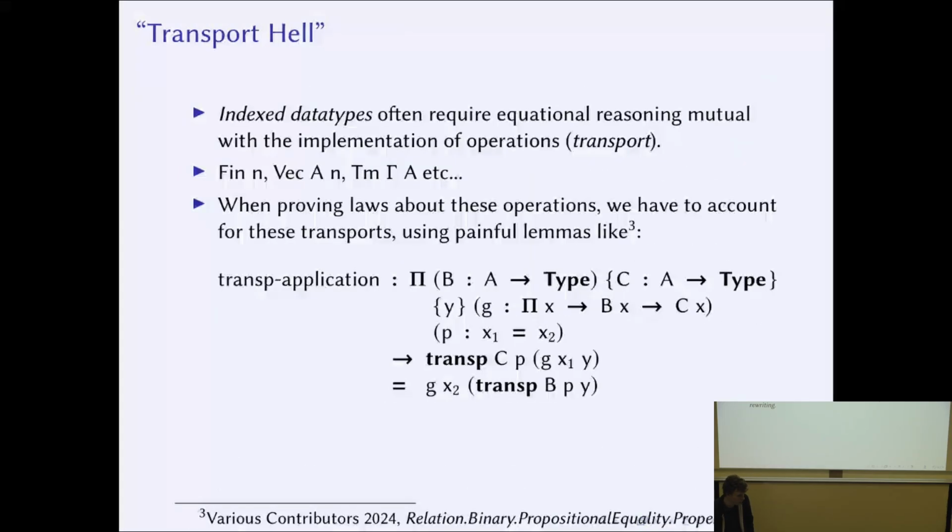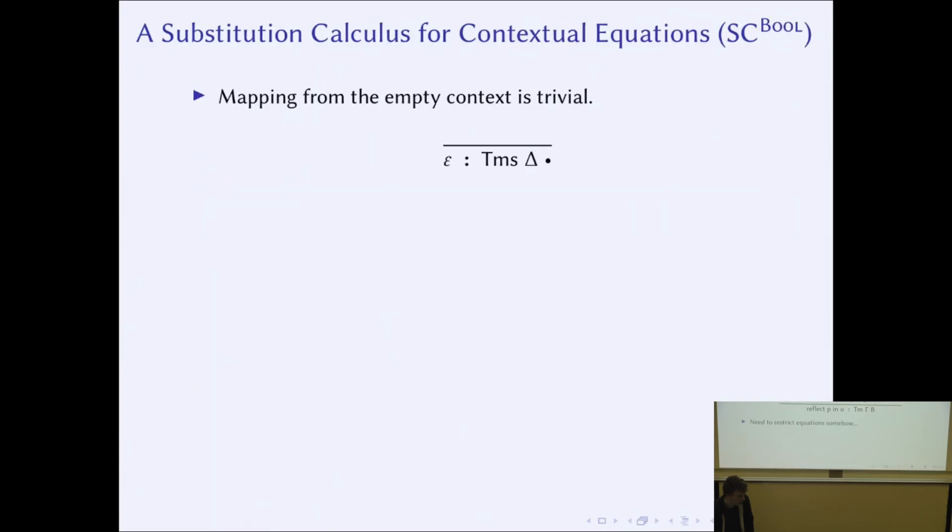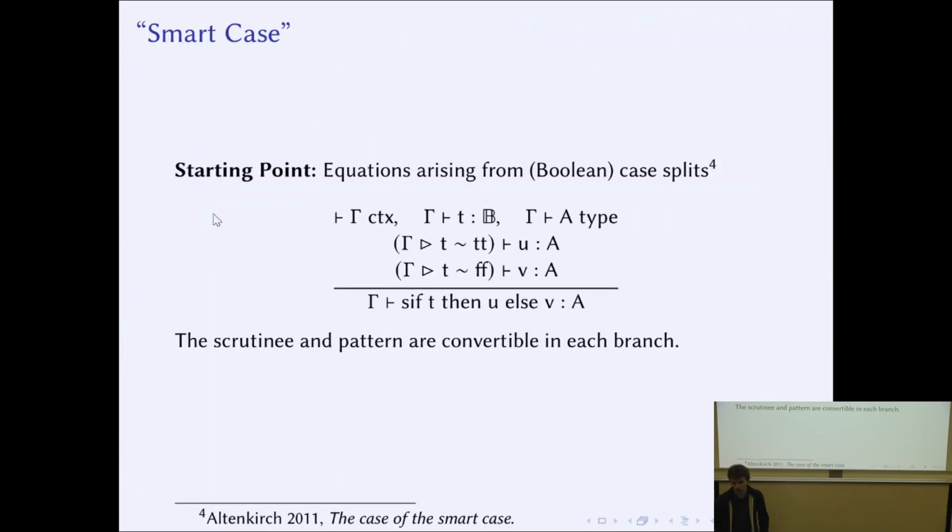This is something called Smart Case by Altenkirch et al. I came to you wanting to implement a type checker for this sort of smart case thing, which I did. I wanted to do some meta theory, which I think I did. I proved soundness and normalization. Maybe I wanted to do more meta theory, but trying to get it done in time was a struggle.